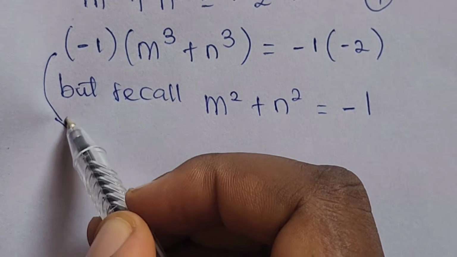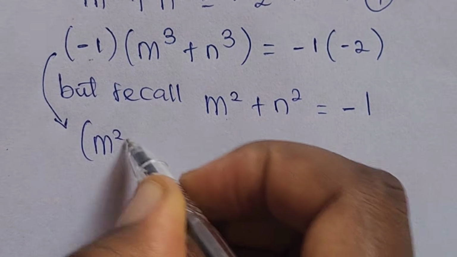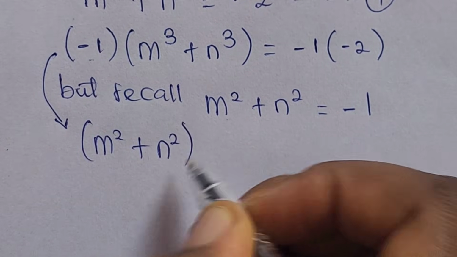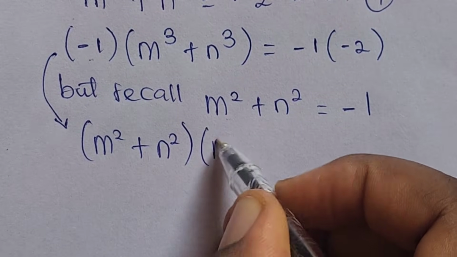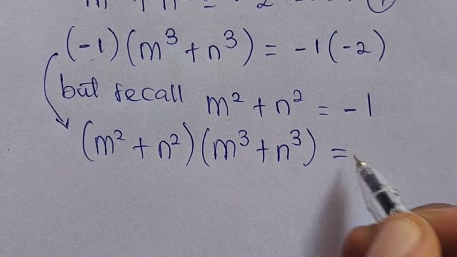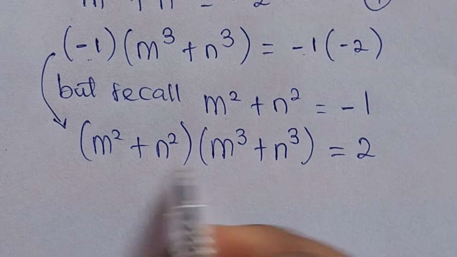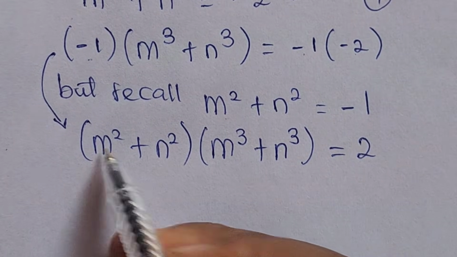So this will become, our minus 1 is equal to this. So we have m squared plus n squared, and we have m cube plus n cube to be equal to minus 1 times minus 2. We have 2. We multiply this through. We have this times this.